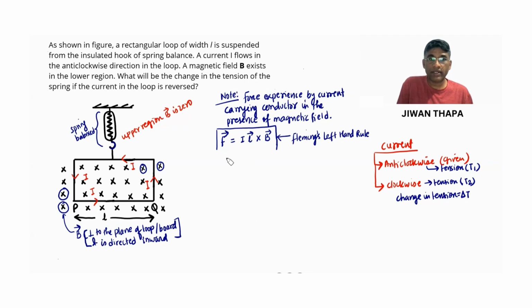In magnitude, force F equals I L B sine theta, where I L is the current element, and theta is the angle between the current element and the magnetic field.